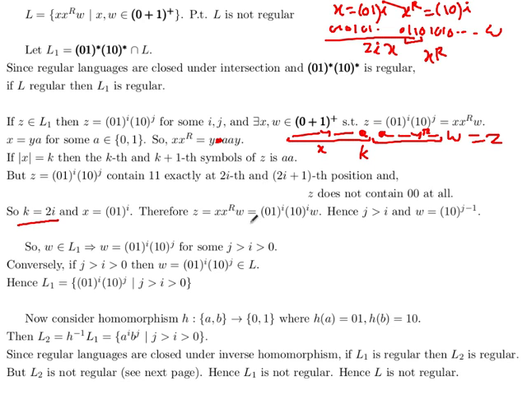Now, this part is x, and this part is x reverse. So then you have this w. But this z is of this form, right? So (0 1) to the i and then (1 0) to the j.